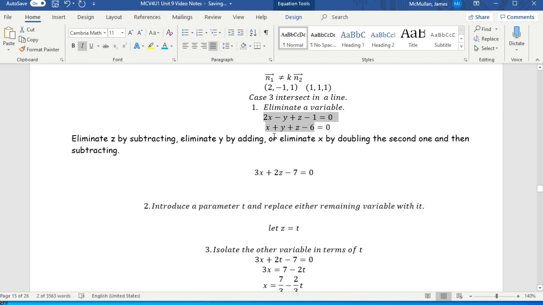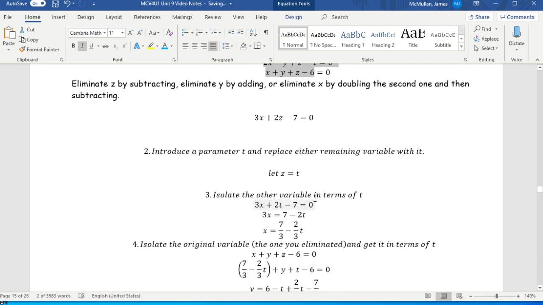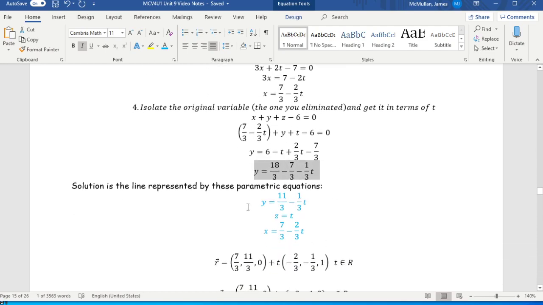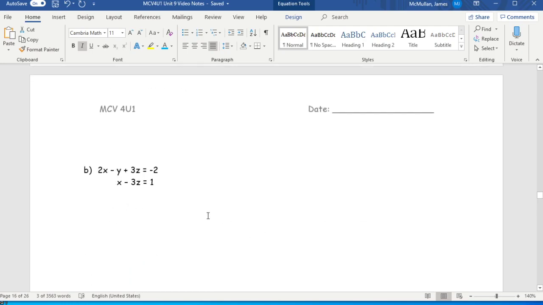Once you have eliminated one, you replace another one with a parameter, okay, and you start to isolate the other ones in terms of that parameter. So you get x isolated in terms of t, and then you get y isolated in terms of t. And once you have that, what you actually have is the parametric equations of a line, and you know that the solution you're looking for is a line. So you just say these parametric equations are the line that would represent this intersection.